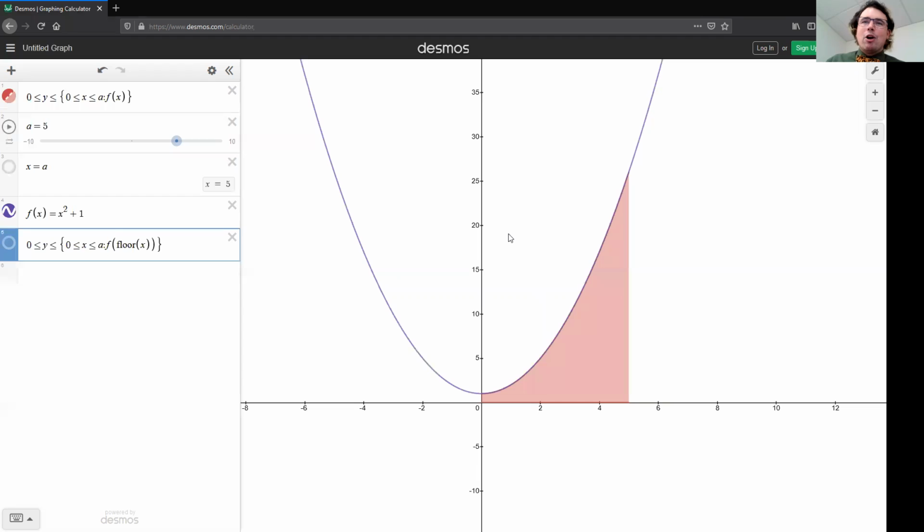So what we are going to do is, let's look at rectangles. So I would like to find this area in red.